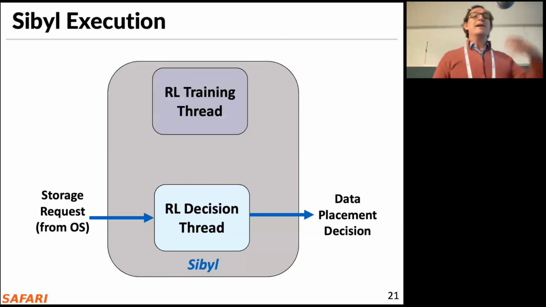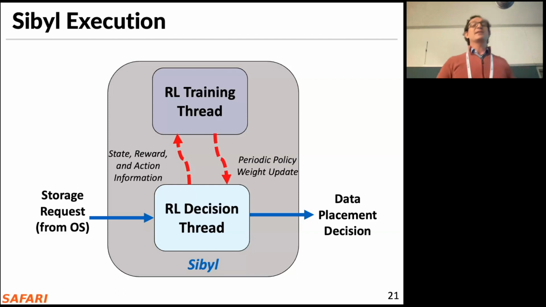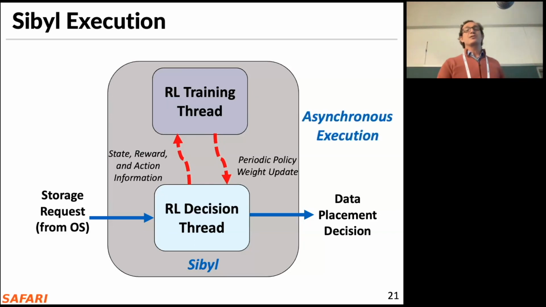And then there is an asynchronously running training thread that gets state, reward, and action information from this decision thread, and asynchronously trains a neural net. Well, I shouldn't call it a neural network. It trains a reinforcement learning network, but we use deep learning as part of it. We use deep reinforcement learning, and that thread periodically updates the inference network that is in the decision thread. This asynchronous execution is important. Otherwise, training will be on the critical path.